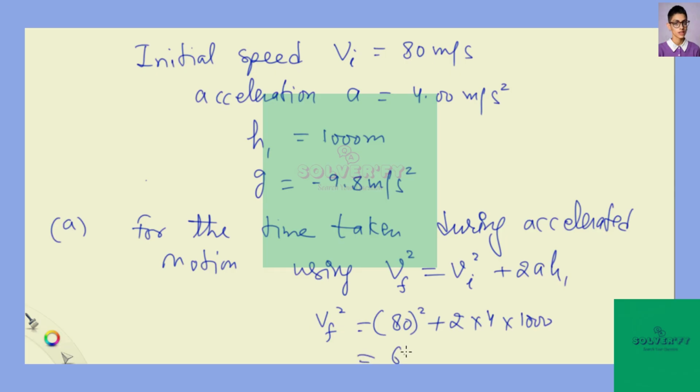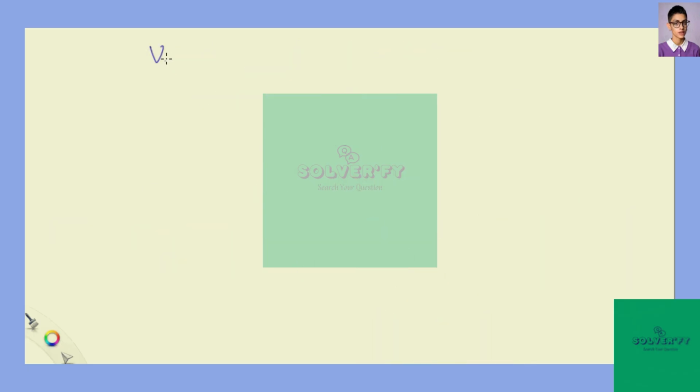So it becomes 6400 plus 8000. Hence, Vf square equals 14400. So finally, Vf is equal to the square root of 14400, which comes out to be 120 meter per second.